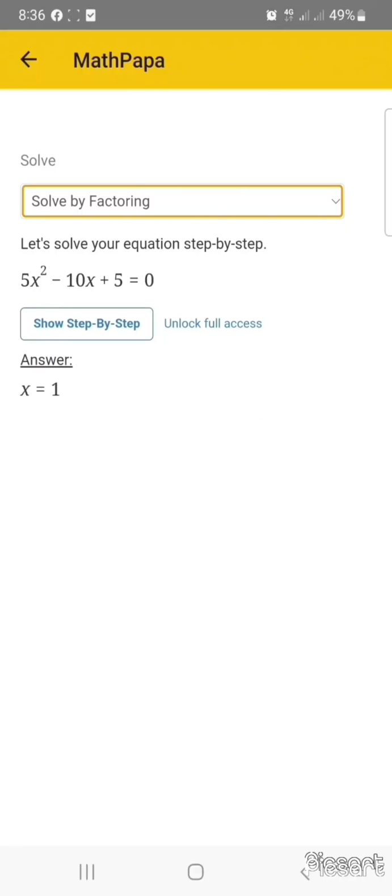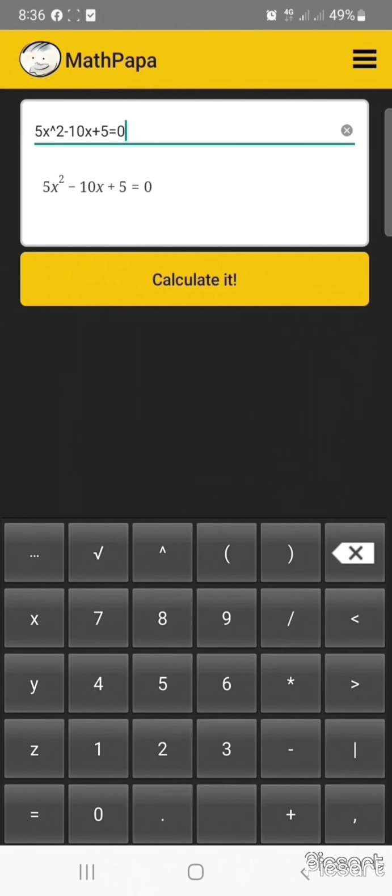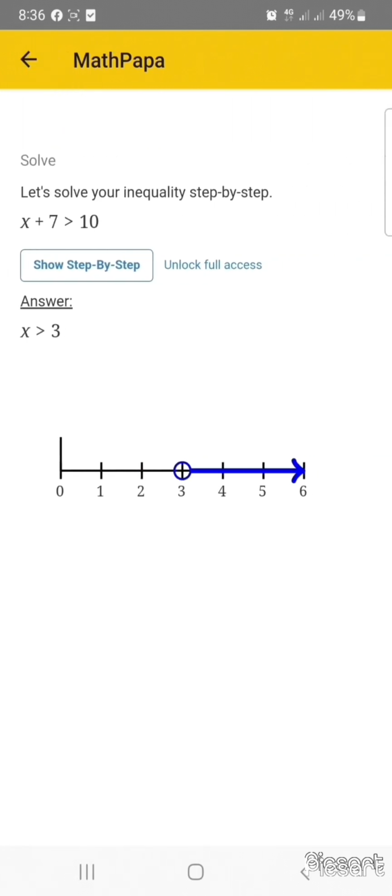Okay, next, what if you are not dealing with an equation? We are dealing with an inequality. So how is it done? We simply type the inequality. Suppose we have this inequality: x plus 7 is greater than 10. Click calculate, and there.